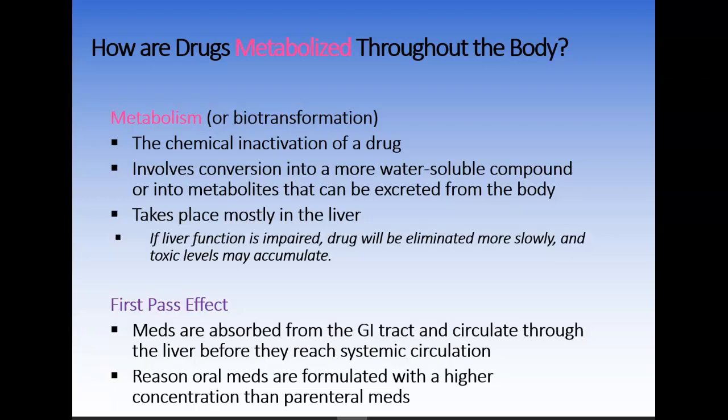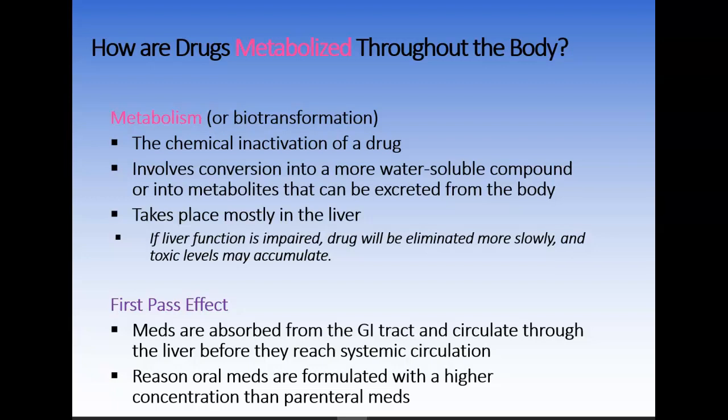Most of this happens in the liver, which is also why if you have some sort of liver impairment, we're always thinking liver and kidneys, right? Is there anything going on? But liver in particular, the drug will be eliminated slower or maybe even not at all. And so that can create damage to the liver or create toxic levels that can accumulate. So we want to be careful about this.